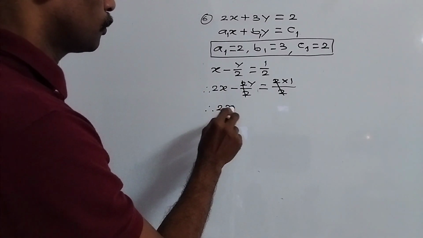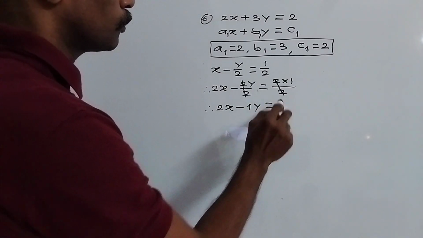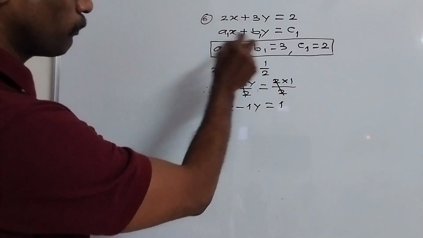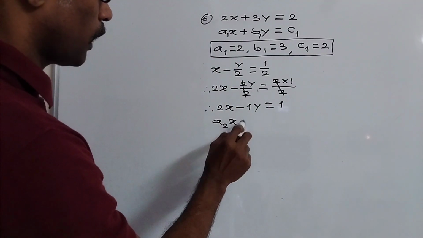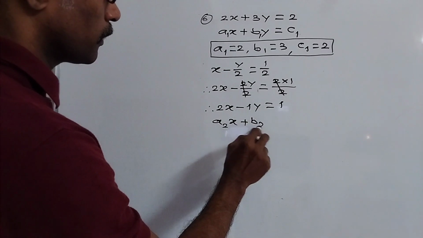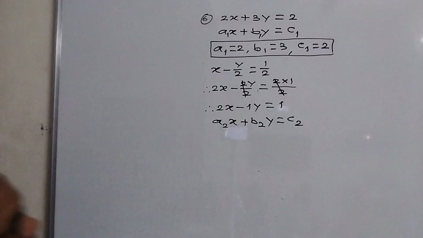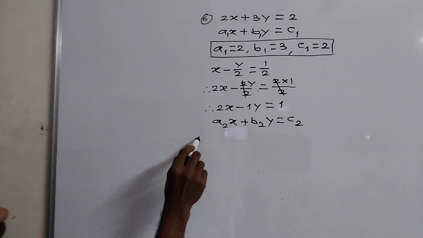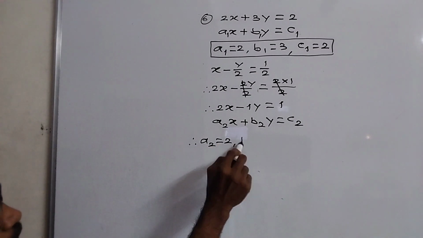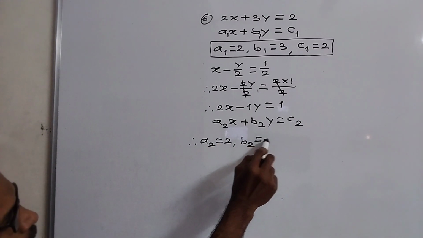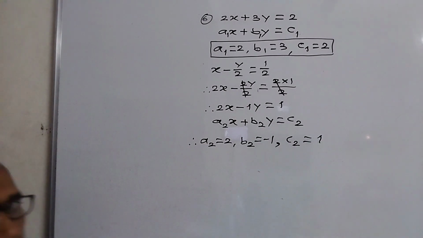Therefore 2x minus 1y is equal to 1. Now in the same way comparing with the standard form, a2x plus b2y is equal to c2. Therefore a2 is equal to 2, b2 is equal to minus 1 and c2 is equal to 1.